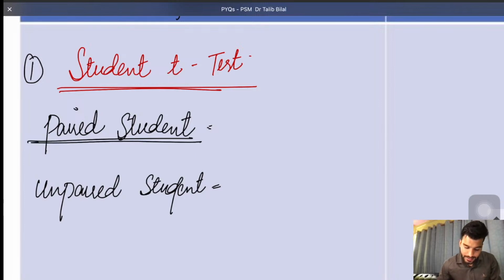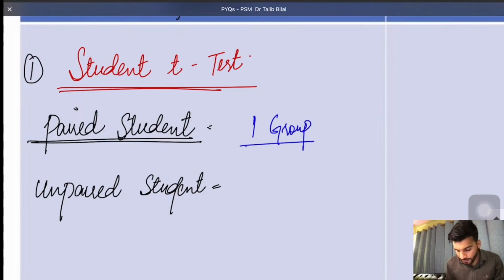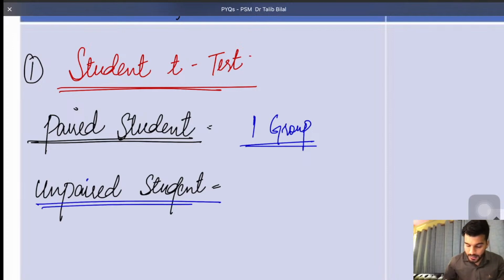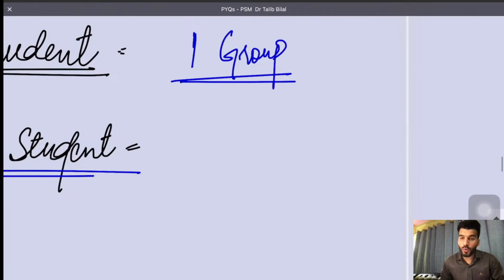So can I say that the paired student t test is for one group? Yes, for one group it's the paired student t test, meaning before and after the intervention we have the same group. If I talk about the unpaired student t test, it is used when before and after intervention there are two different groups.